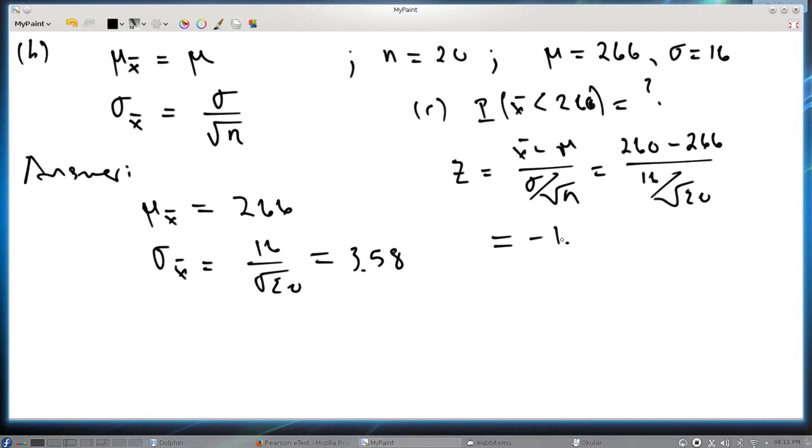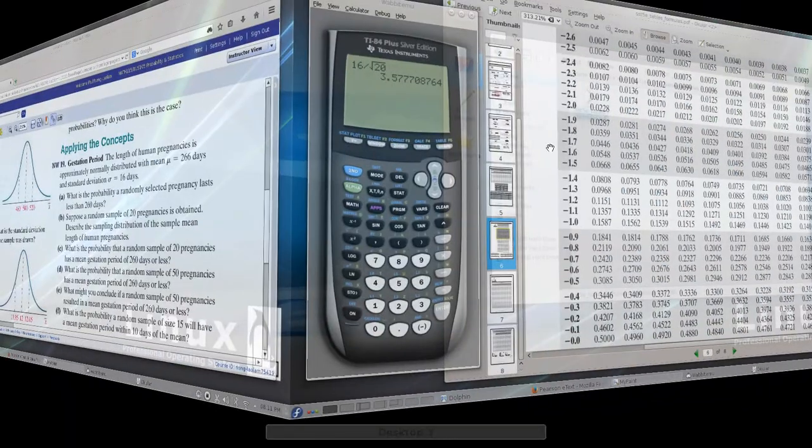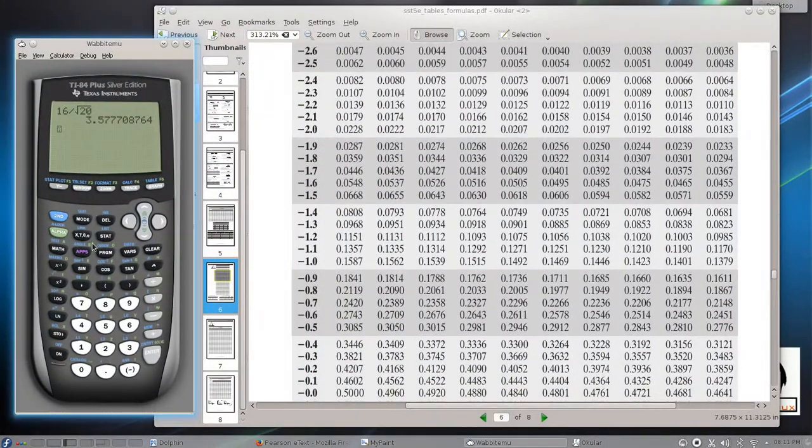In fact, here, let me just show you instead. So we have x bar minus the mean value, which is 266, quantity divided by 16 divided by a square root of 20.